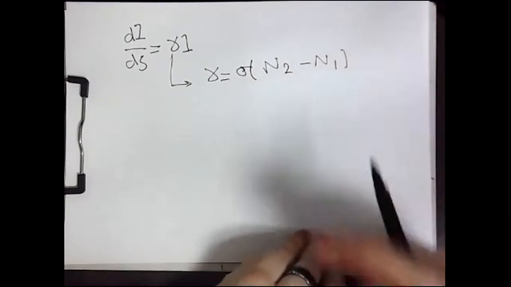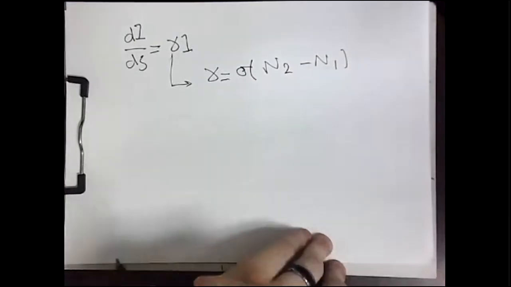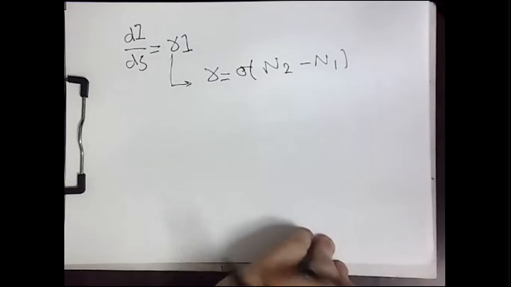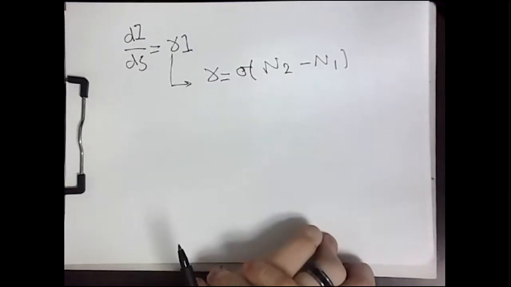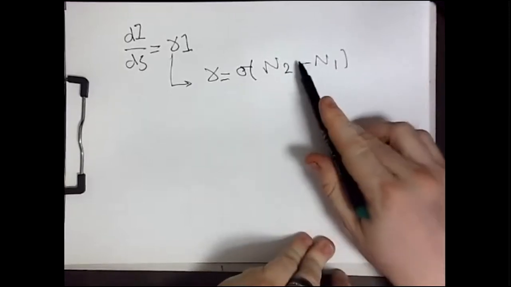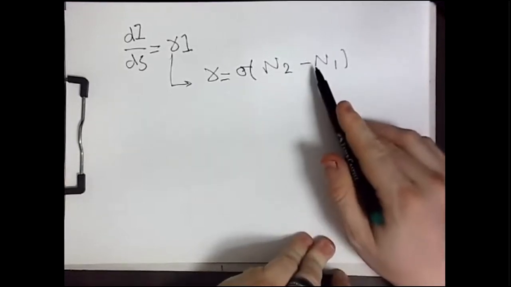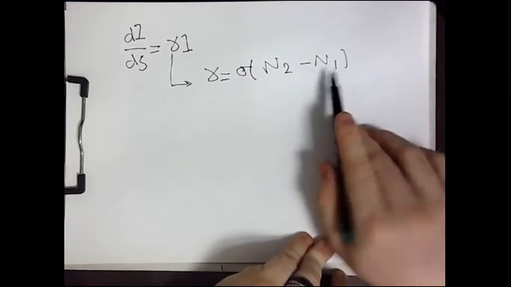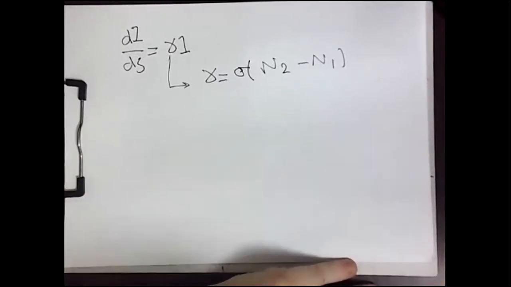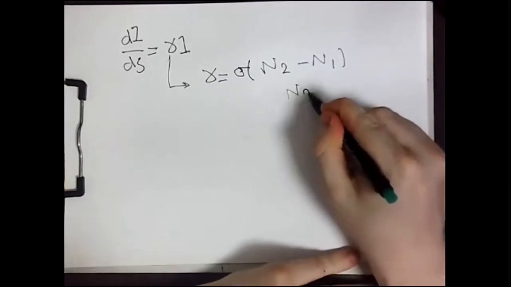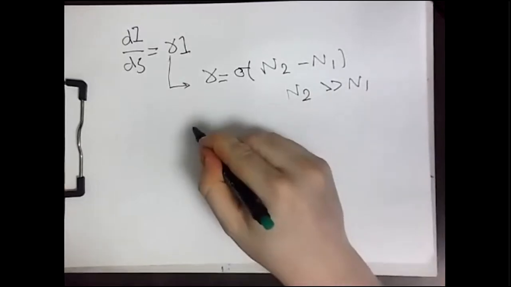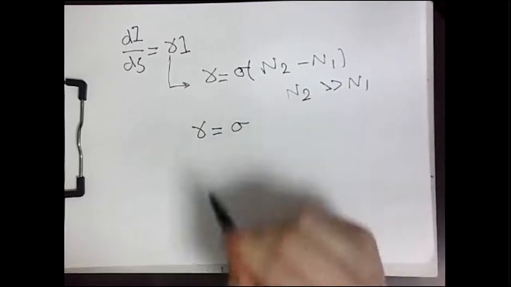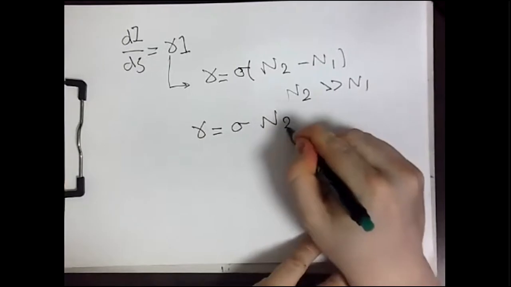You can return to the equations in the first slide of this lecture, or the last slide of the atomic radiation lecture. Of course, there is always G2 over G1, while we are now assuming G2 over G1 is equal to 1. That's why we have it like that. Accordingly, and based on our principal assumption that N2 is much greater than N1, gamma equals sigma times N2.